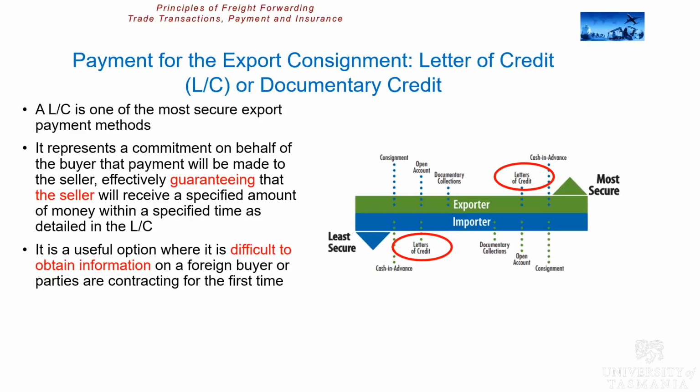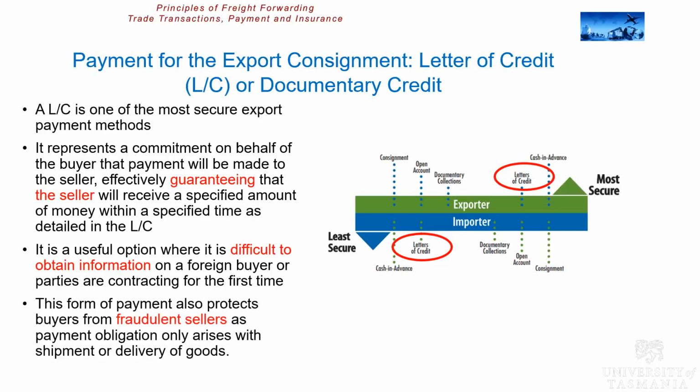It's, as I said before, commonly used by an exporter perhaps who's finding it difficult to get additional information on the foreign buyer, and or you're making a contract with somebody for the first time. So there isn't a track record, you haven't developed any level of trust between both parties.